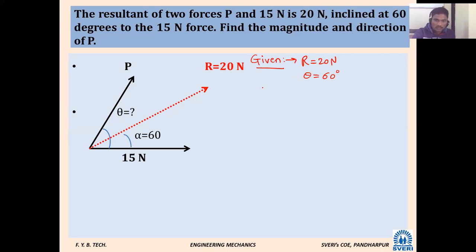How many forces are there in this system? 3 forces.